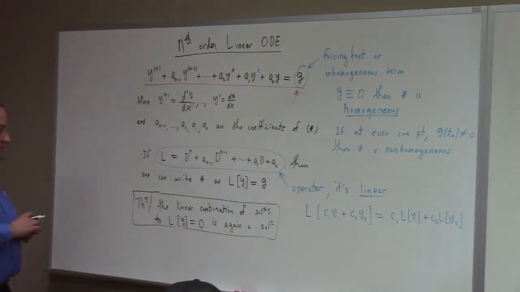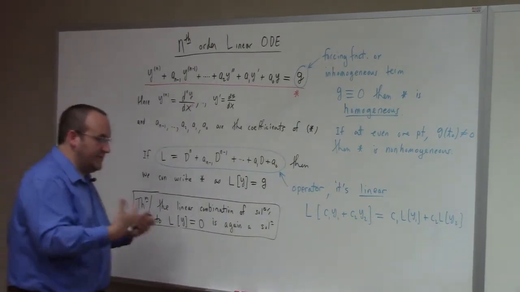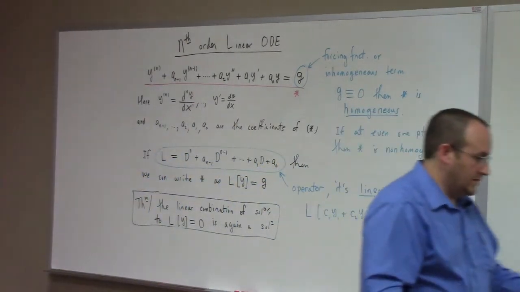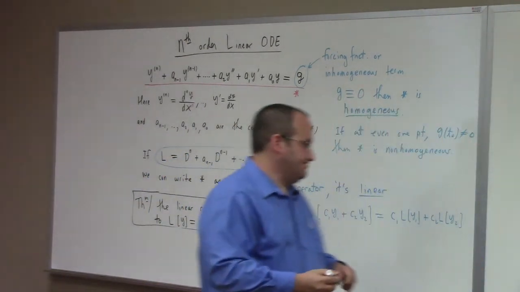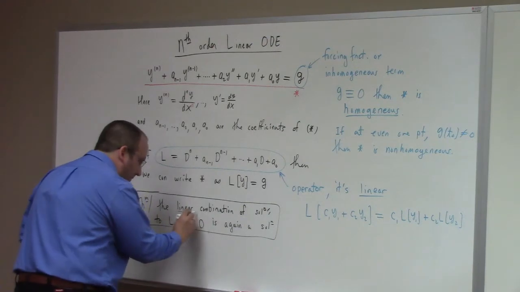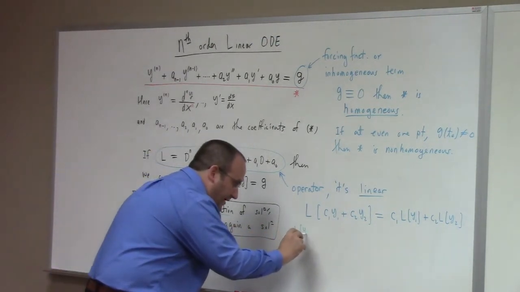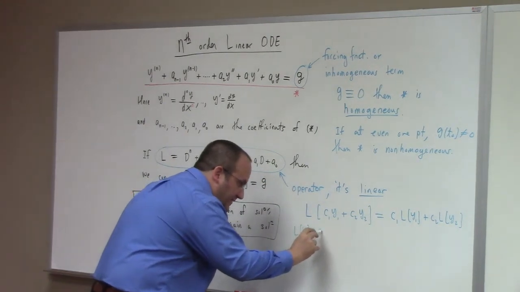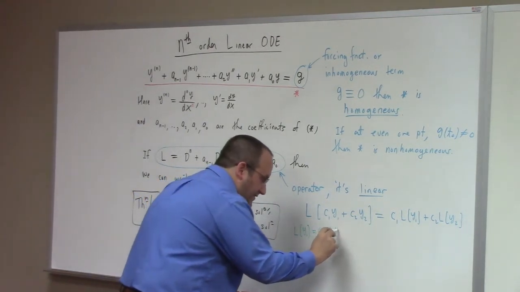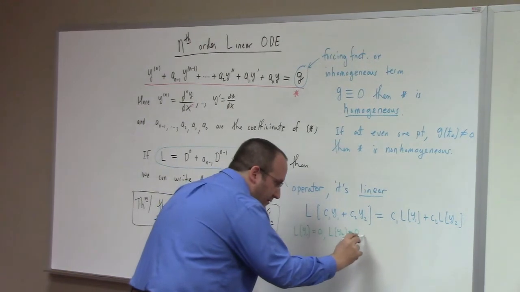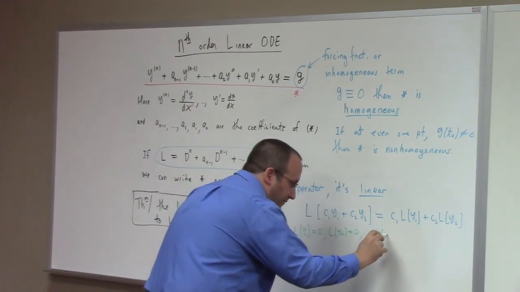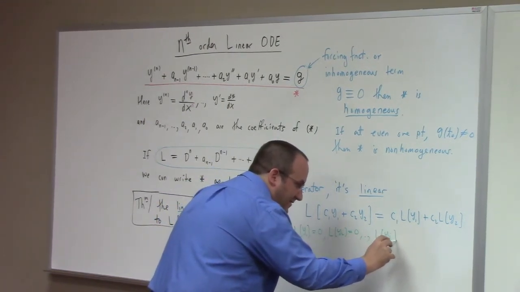I guess the real issue for you guys, in fact for anyone, is what do the words linear combination mean, right? What do we mean by linear combination? So if we have L of y1 equals 0 and L of y2 equals 0, all the way on out to say L of yk, let's say k of them.